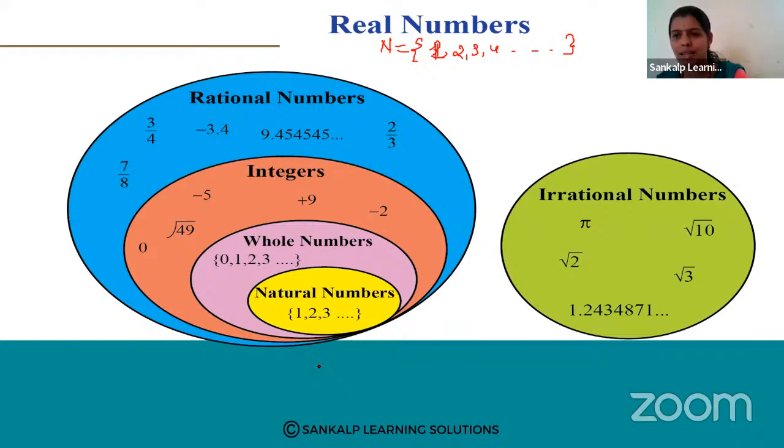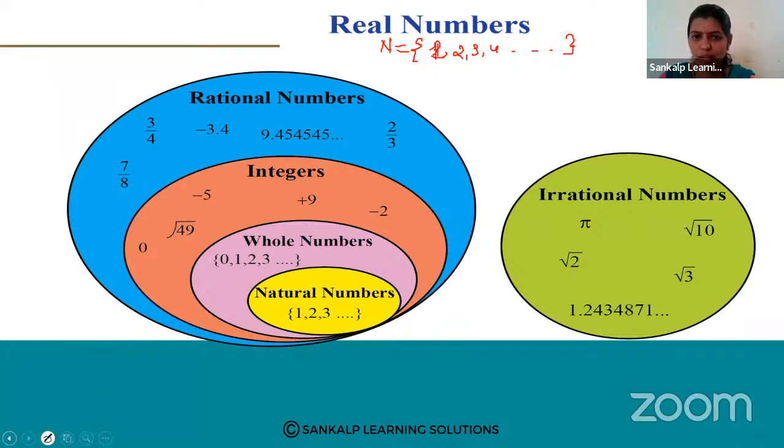So when you write natural numbers along with zero, we call that set of numbers whole numbers.